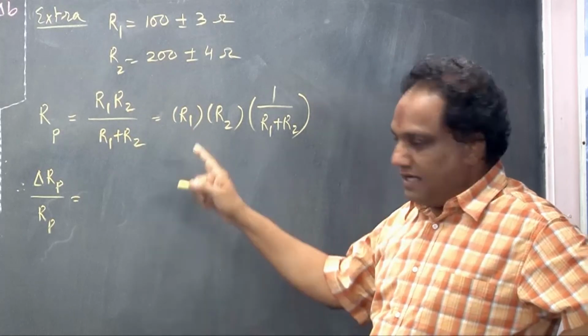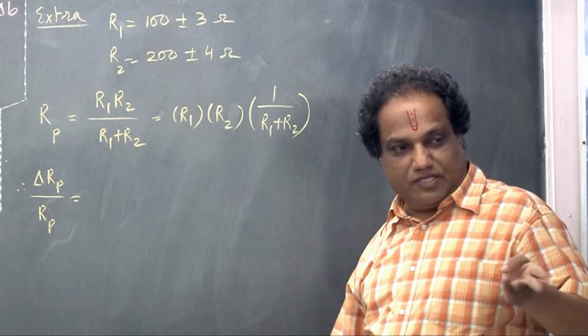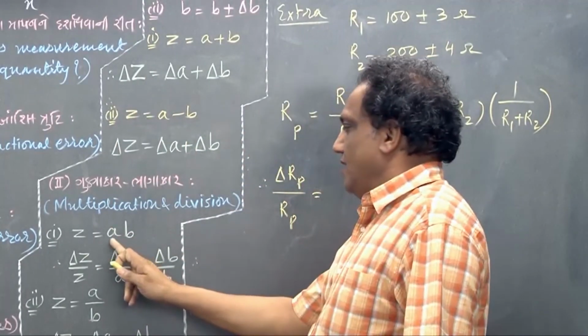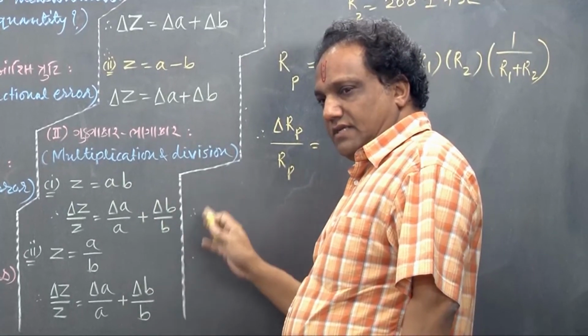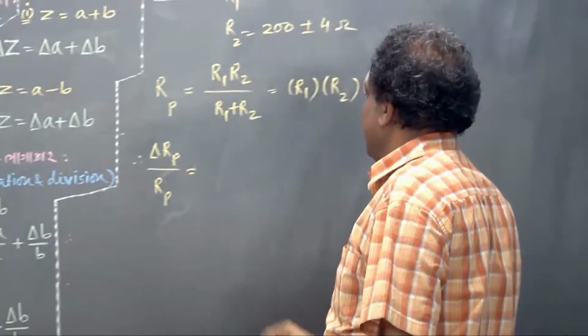Any problem? Take this as A, take this as B, take this as C. So now it is A into B into C. Then delta A upon A plus delta B upon B plus delta C upon C.